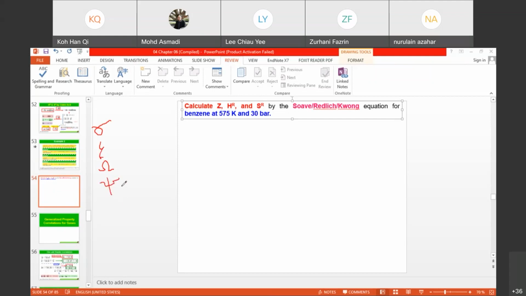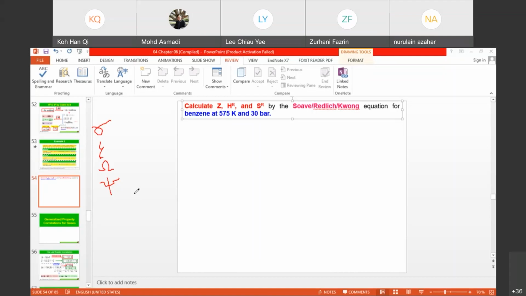And then if you look at there, the equation for alpha is quite long. If you look at table 3.1, alpha is equal to alpha of TR and omega.